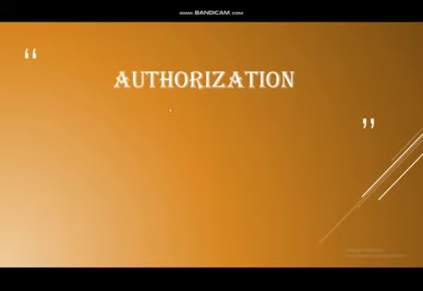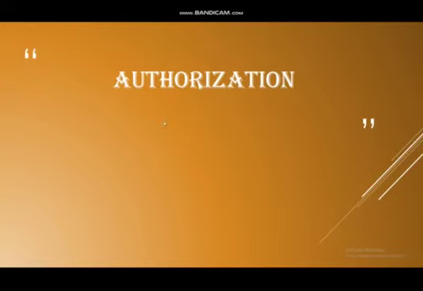Second topic is authorization. What is authorization? When a person is identified, he is allowed to use or access the computer. When a person is allowed to use the computer, or a person can access something on computer, that is known as authorization.